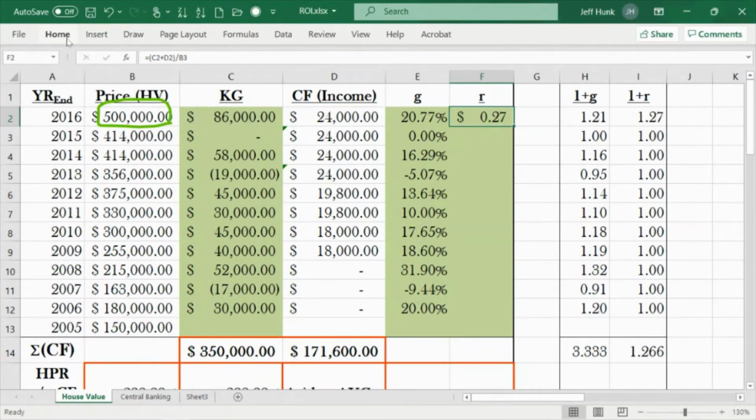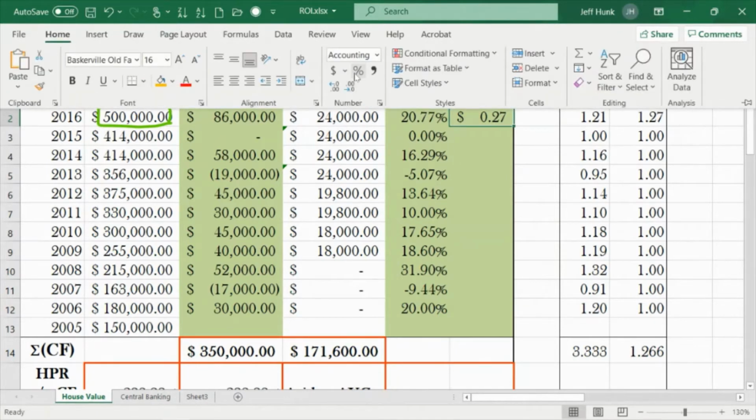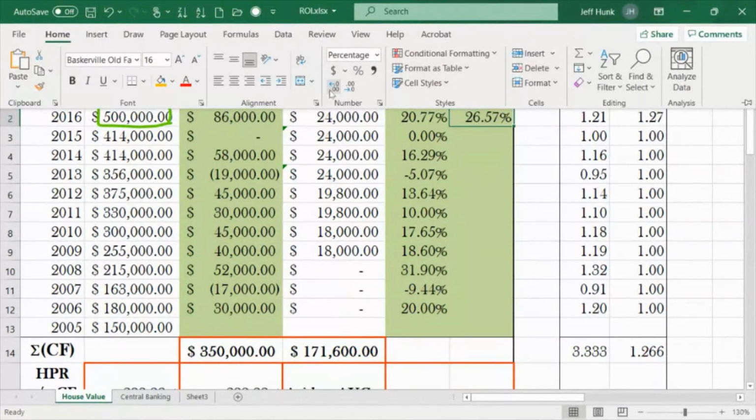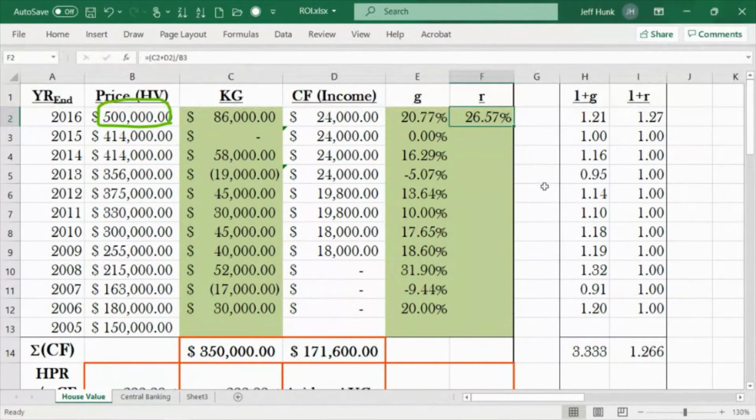It's not dollars. It's got to be a percentage, right? And by default, always use 2 decimal places. Don't leave it rounded. You must use 2 decimal places. And then the rest of it, you drag it down.